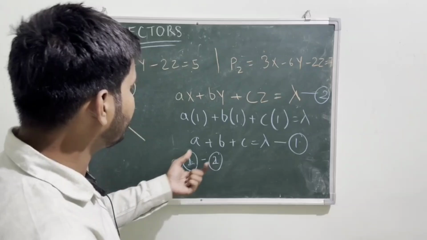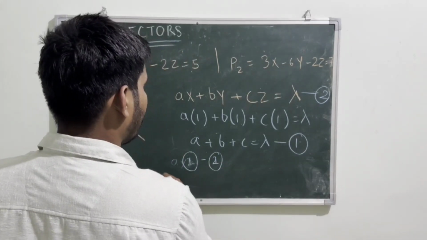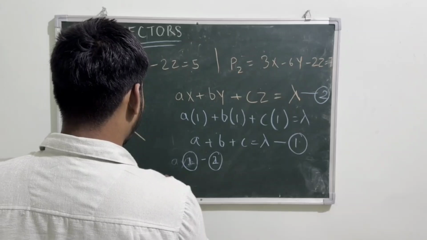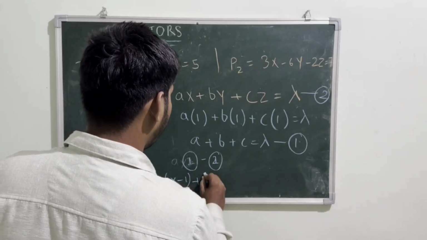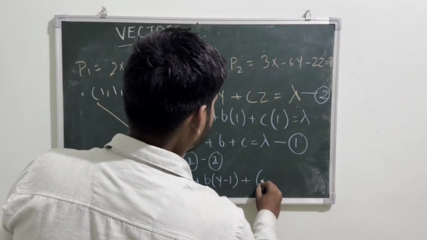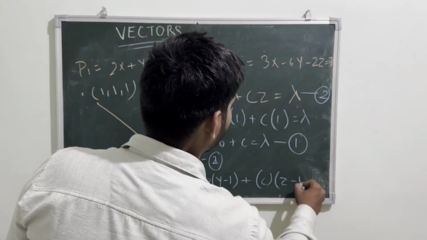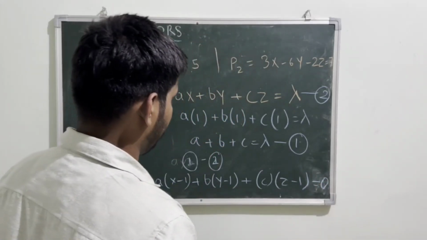So subtracting the first from the second, what do we get? a(x minus 1) plus b(y minus 1) plus c(z minus 1). So this is the equation we get after subtracting 1 from 2.